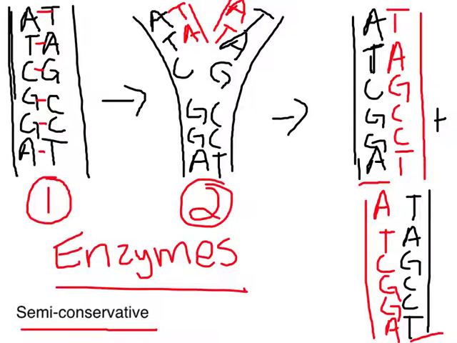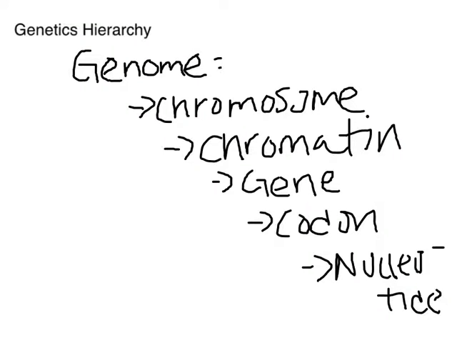Okay, so all of this is controlled by enzymes, and this process takes place where the DNA lives, and the DNA lives in the nucleus. That means this process of replication has to happen in the nucleus, and it is controlled by enzymes. All right, that's replication. That's really how it happens. The DNA just unzips, fills in, you're good to go.